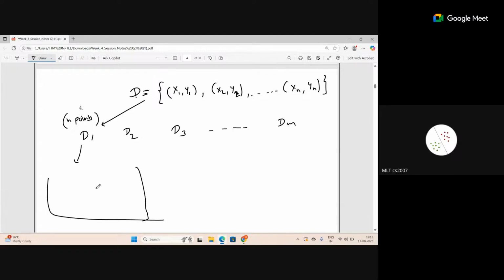Let's say the sample is like this: x1 y1, x2 y2, maybe next time x1 y1 again, x3 y3, maybe x2 y2, then x5 y5. We are choosing one data point each time from the data set I have during training, and you choose it randomly. But how many times should you choose it? N times, if you have n data points, and that's how you create this data set D1.